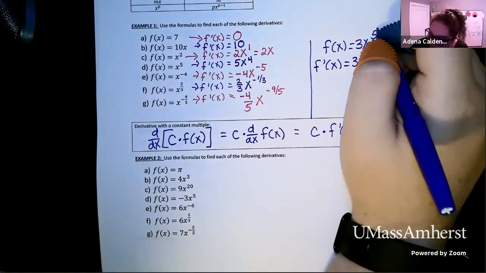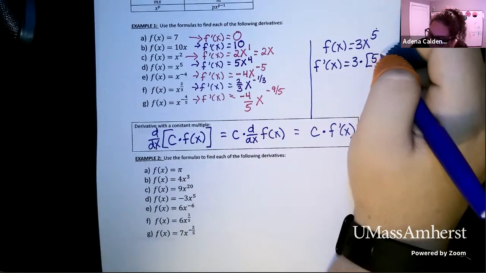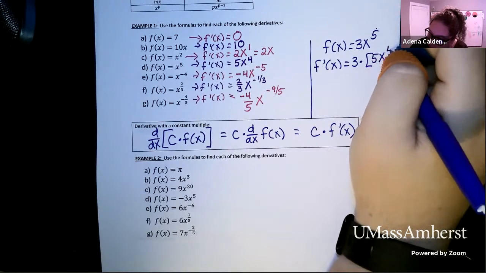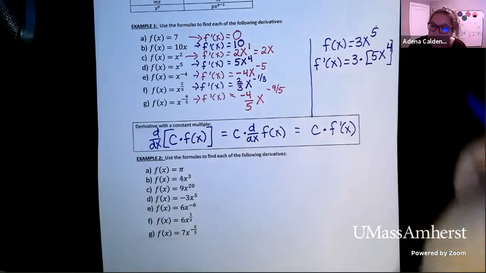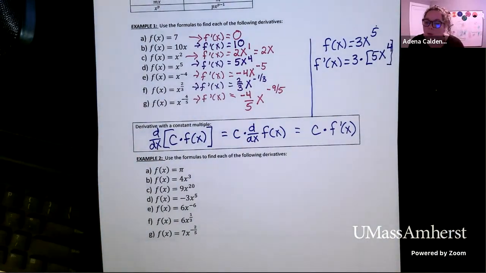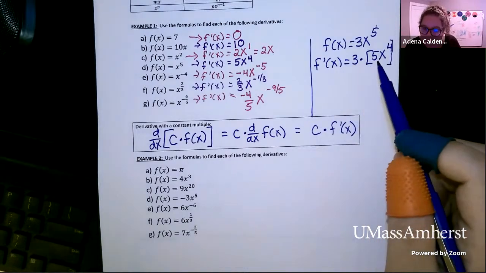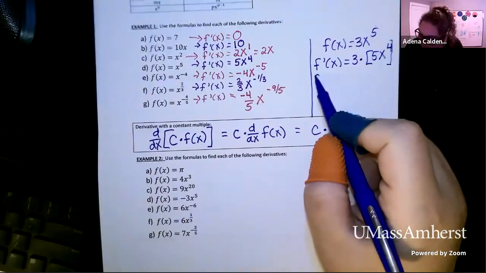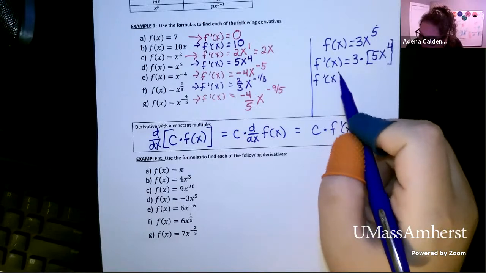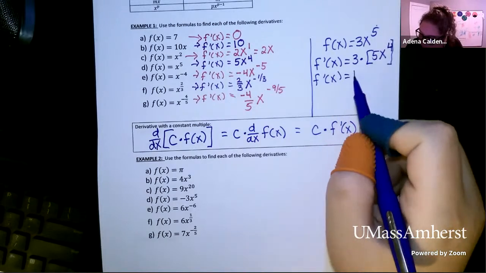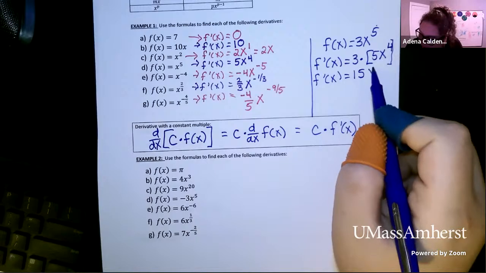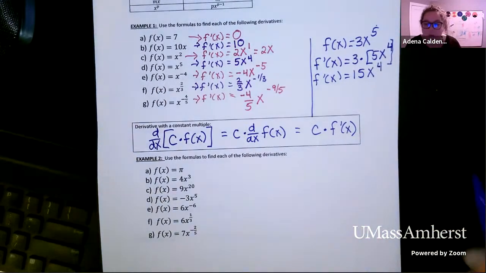So the derivative of x to the 5th, the 5 comes down, x, and we subtract 1 from the power. So 5x to the 4th. Because we had that constant multiplied here, it also multiplies the derivative. So we can simplify this, and 3 times 5 is 15, and we get 15x to the 4th.